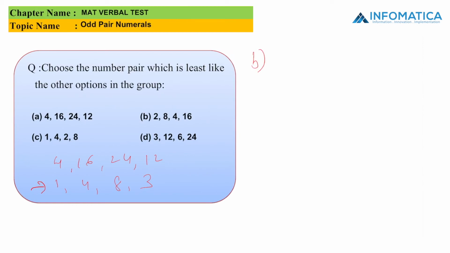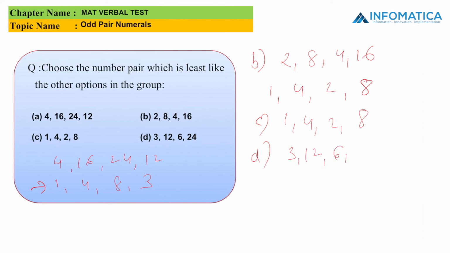Let us see option B, which is 2, 8, 4 and 16. If I reduce it to the lowest form, I get 1, 4, 2 and 8. Option C is 1, 4, 2 and 8. So I cannot make any other change. And option D is 3, 12, 6 and 24.